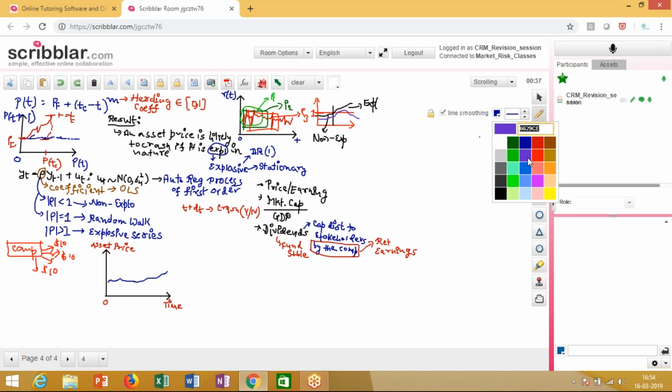Now, let's consider this asset price movement. When you look into this asset price movement, you see that the increase or the movement in the asset price is very similar to the movement in the dividend.